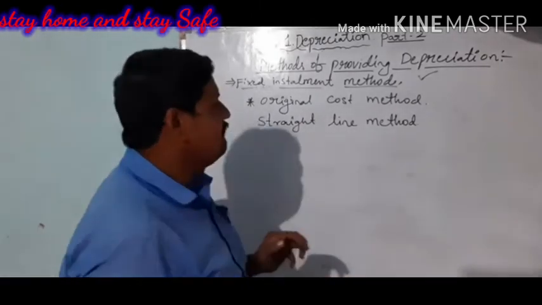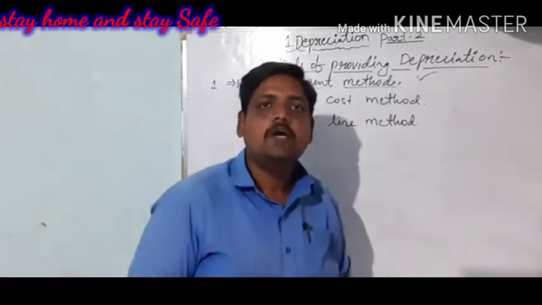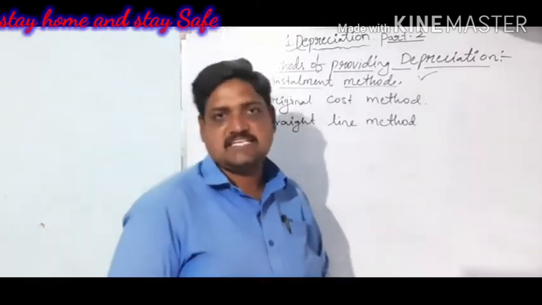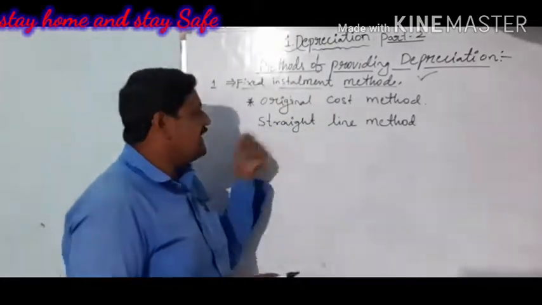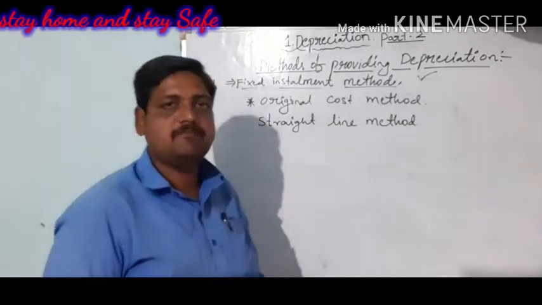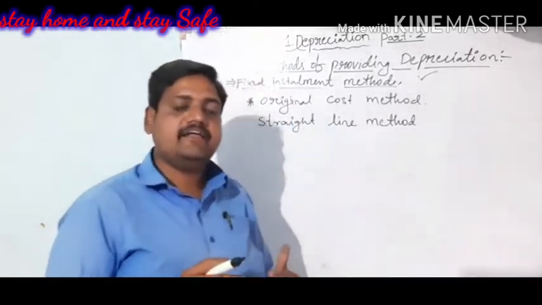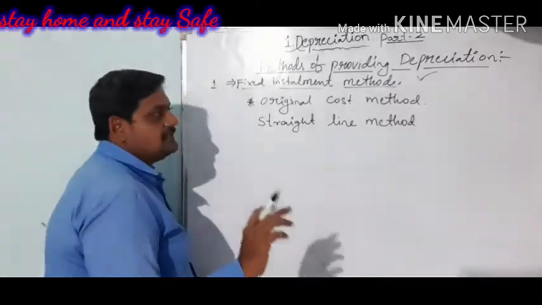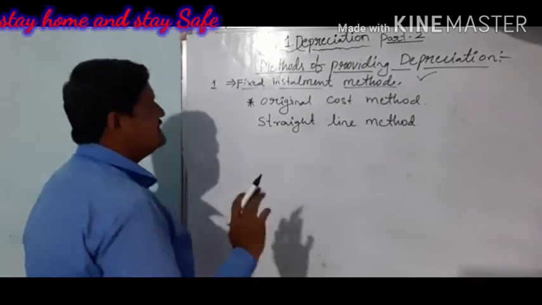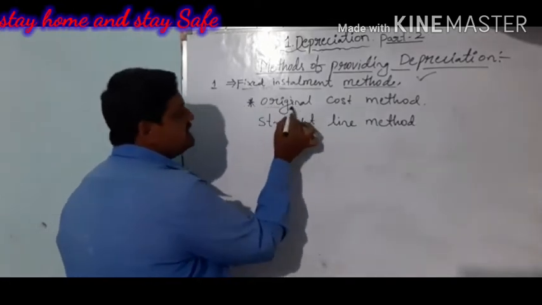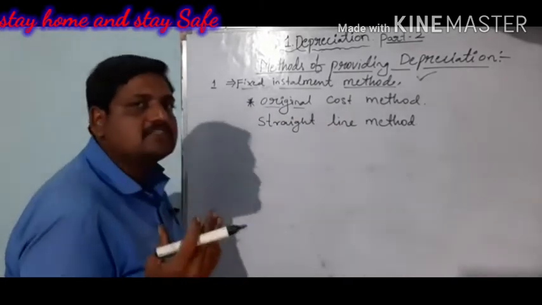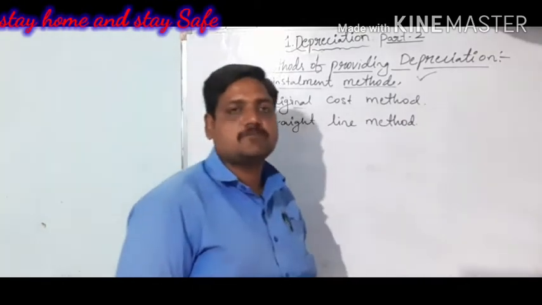First of all, we are going to discuss what is meant by the fixed installment method, or original cost method, or straight line method. Why is it called the original cost method?